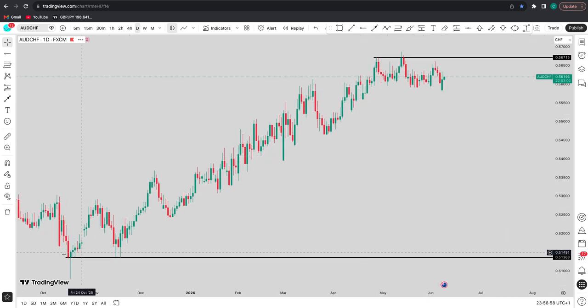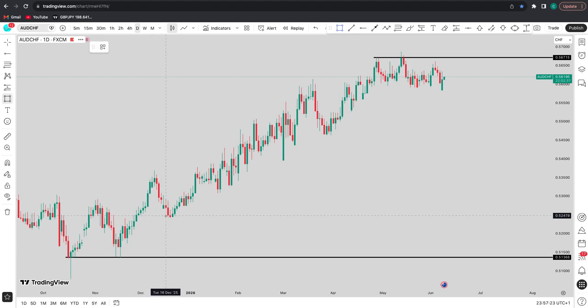This is the whole move from this lowest point to this highest point. If somebody comes to me and says, draw out all the support and resistance you can find here, it's very easy. This is clear as day.